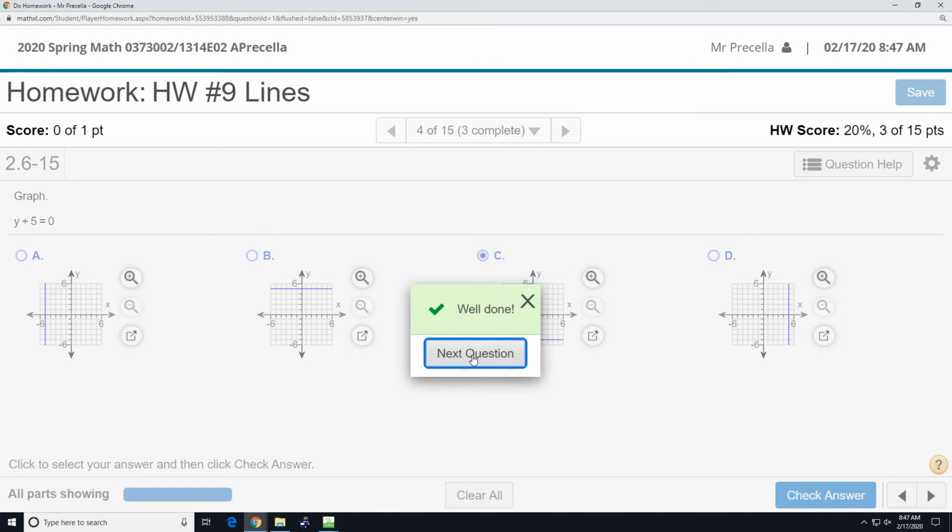Okay. Now, before we do the next problem, I want to define slope.